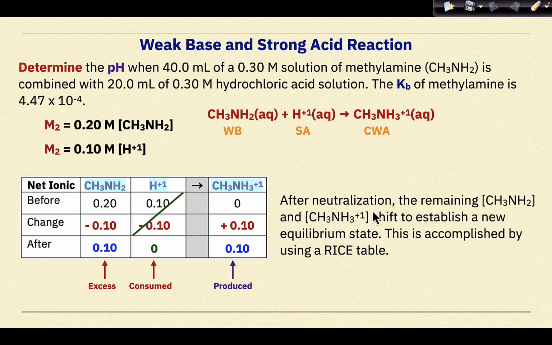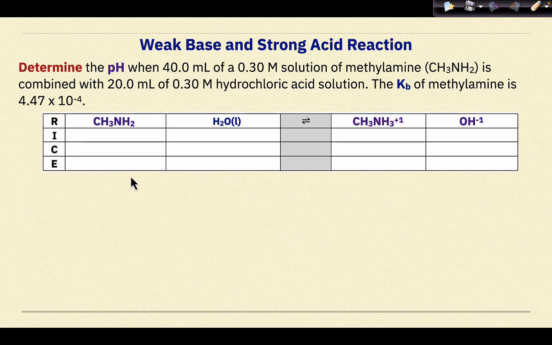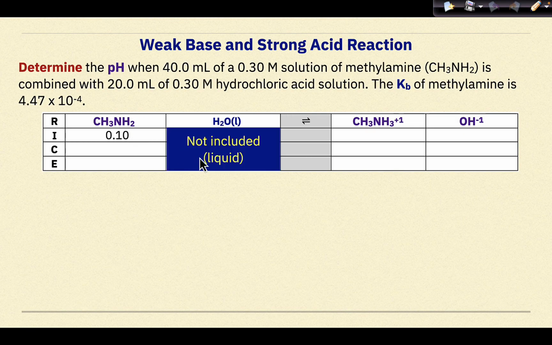After neutralization, the remaining concentrations of CH3NH2 and CH3NH3+ shift to establish a new equilibrium state. This is accomplished by using a RICE table. After neutralization, 0.10 molar of CH3NH2 exists in solution. Water is needed as a proton donor to the weak base, but is not involved in the calculation of the pH.